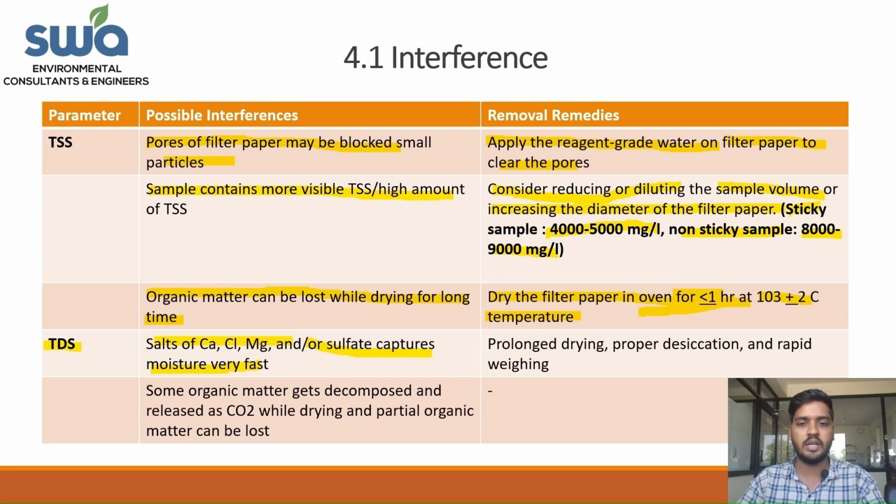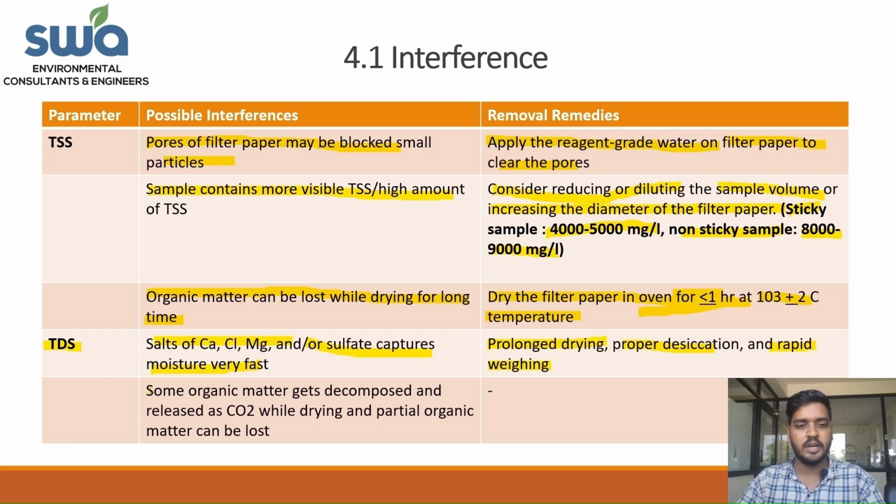So in that case, you require prolonged drying. You have to evaporate and dry the beaker or the petri dish, whatever you are taking. After that, this will give you more accurate results. So if you suspect such salts are present in your sample, provide them prolonged drying.